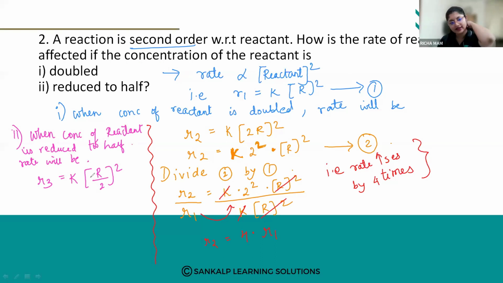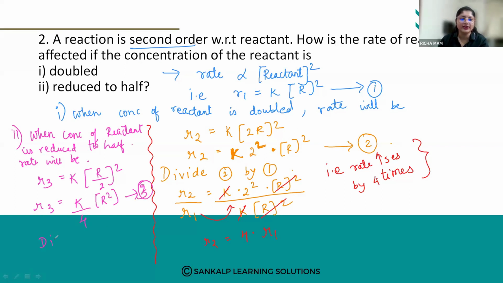So when the concentration is reduced to half, R3 is equal to K R square and 1 by 4, right? So it can be written as K by 4 into R square. So this is our third one, your first, second, and third one.